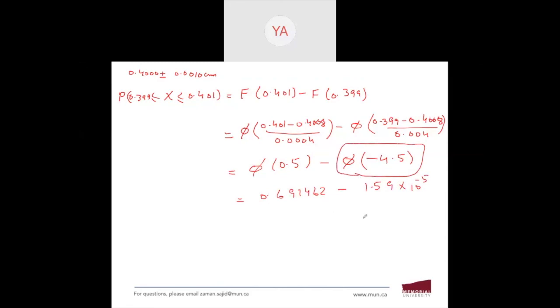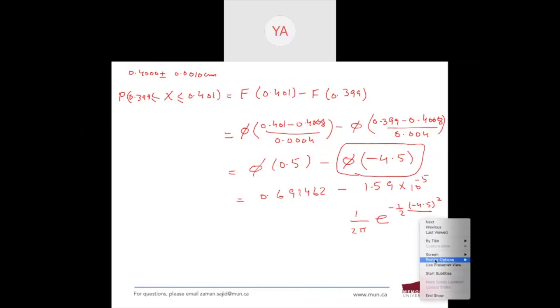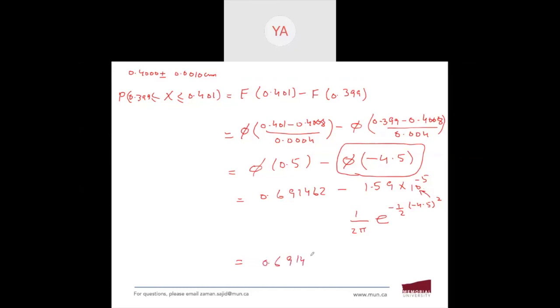So you will use the formula here, which is 1 over root 2 pi, the same formula as we were doing before, e power minus 1 by 2 of minus 4.5 squared over 2. And then you will find your answer, which will be 1.59 times 10 raised to power minus 5. Your final answer for this numerical is 0.691462.